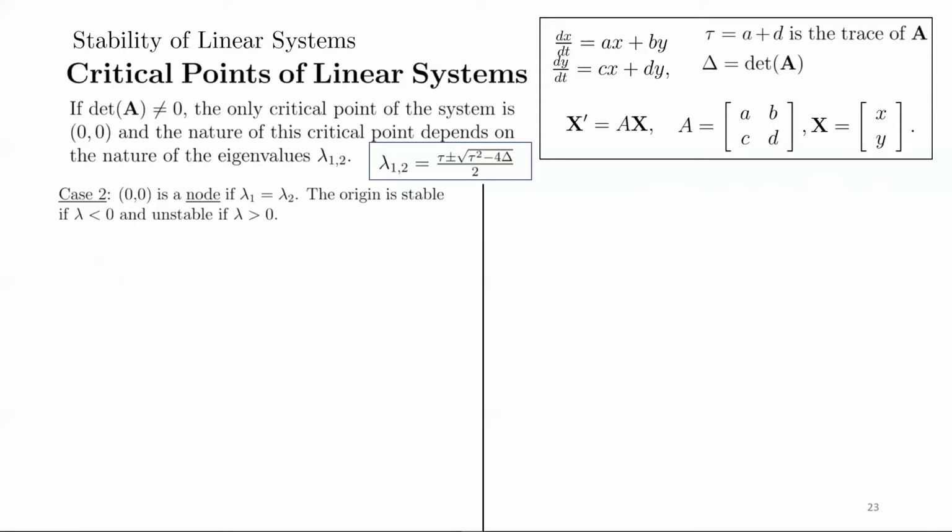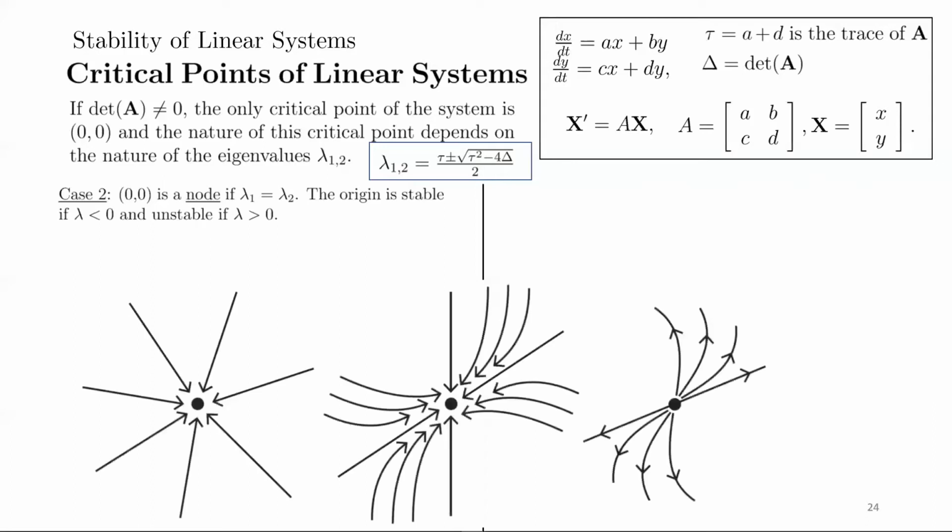And we say the critical point is stable if lambda is negative and unstable if lambda is positive. And again, this is the same as in case 1, where if the eigenvalues were negative, we had asymptotically stable, and when they were positive, we had unstable. Again, just a reminder of what a node looks like.